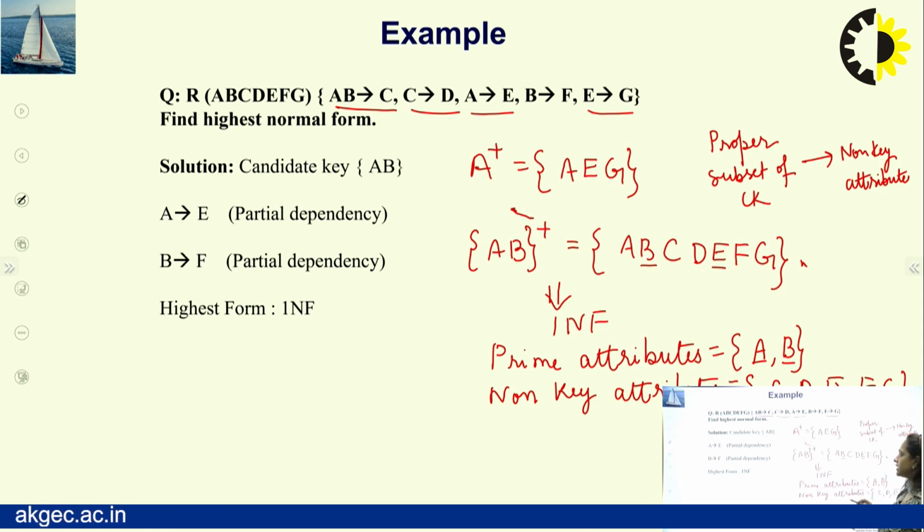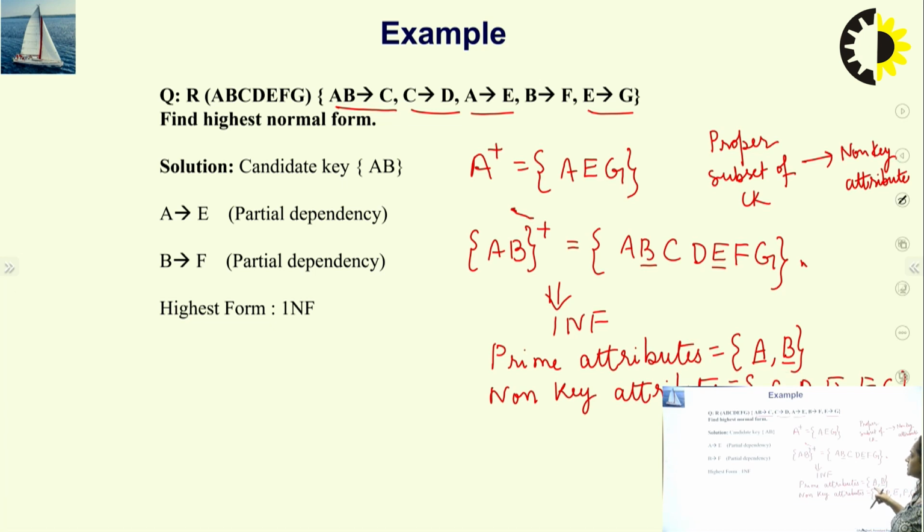So we are going to check the proper subset of the candidate key, that means A or B. So we have these two, A and B. They should not determine any non-key attribute. A determines E, and E is a non-key attribute, right? Similarly, B is a prime attribute and this determines a non-key attribute, F, right?